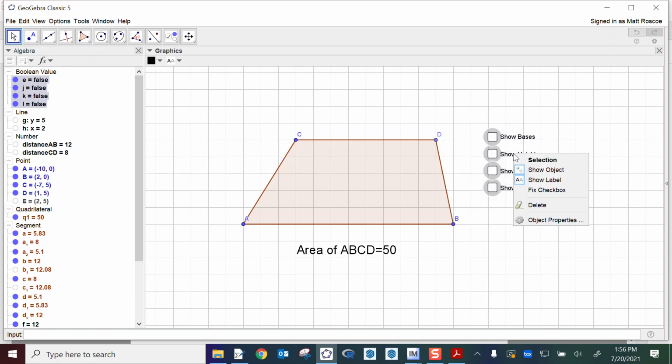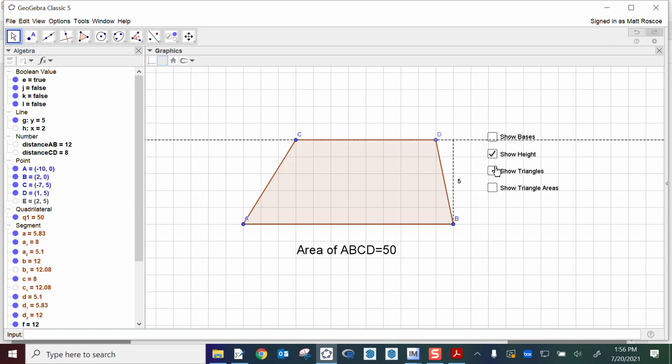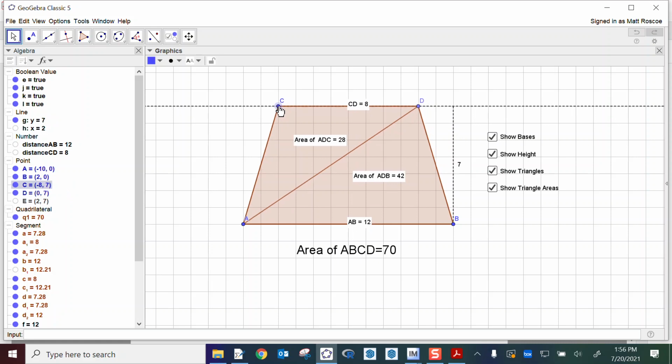So all of those now we can fix them. So now you can't change them. Show triangles, show triangle areas, show the height, and show the bases. And now we have something that, of course, you could use to teach students this idea.